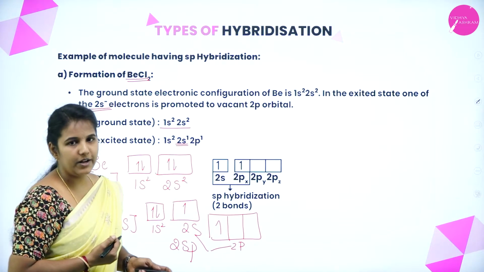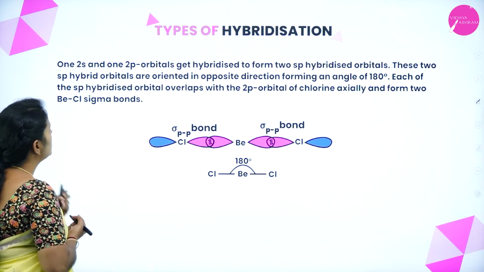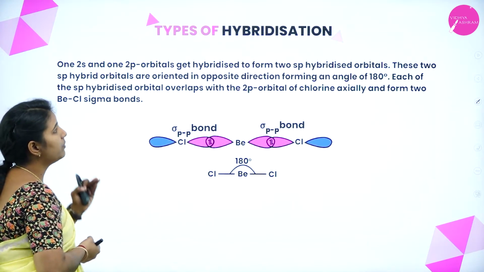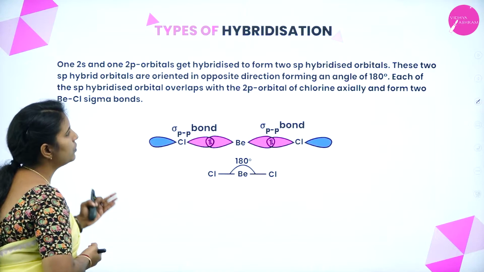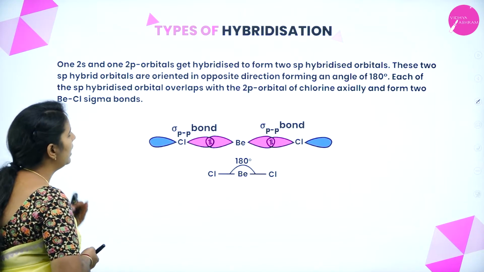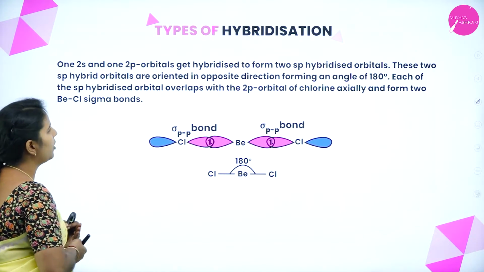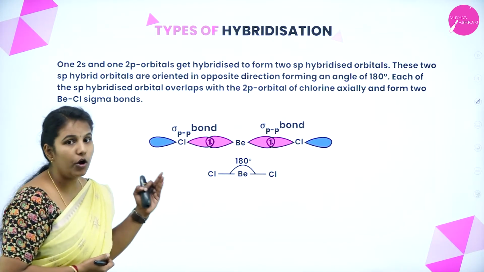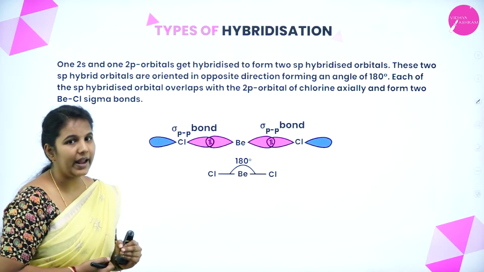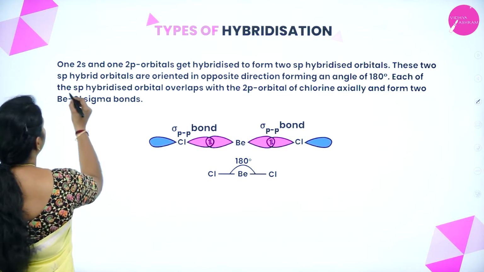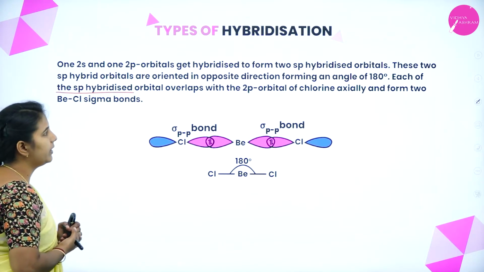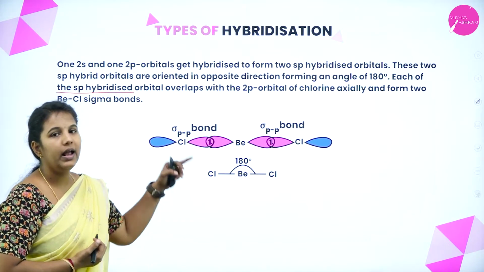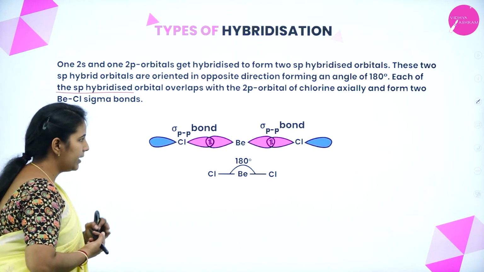So one 2s and one 2p orbital get hybridized to form two sp hybrid orbitals, and these two sp hybrid orbitals are oriented in opposite directions with a bond angle of how much? 180 degrees. Each of these sp hybrid orbitals overlaps with the p orbital of chlorine and forms beryllium chloride.